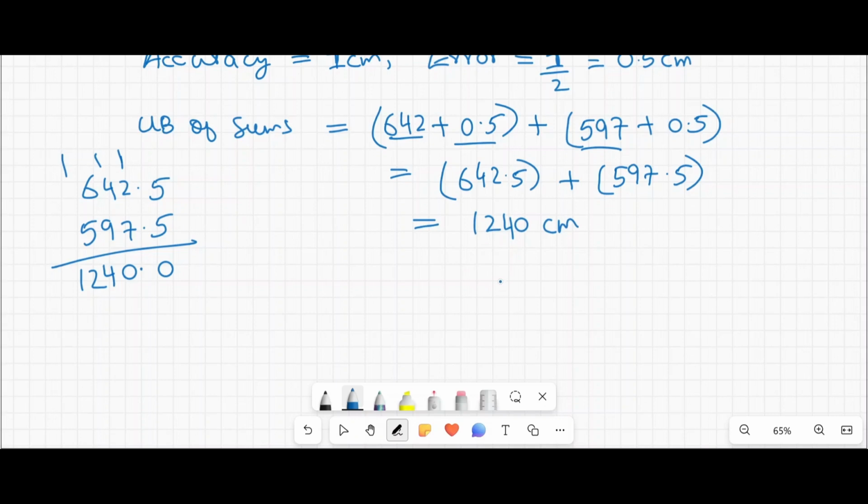Let me convert this into meters. So 1,240 centimeters divided by 100, you will get 12.40 meters. Now this is our upper bound of sums.